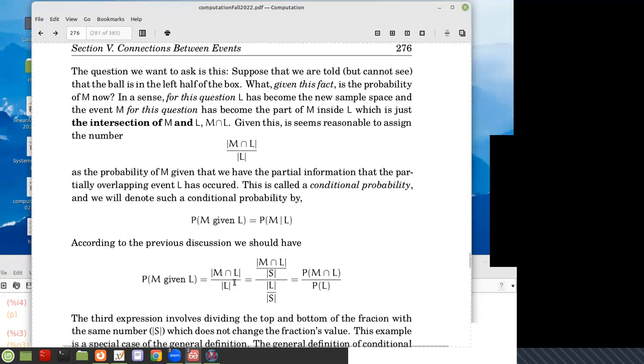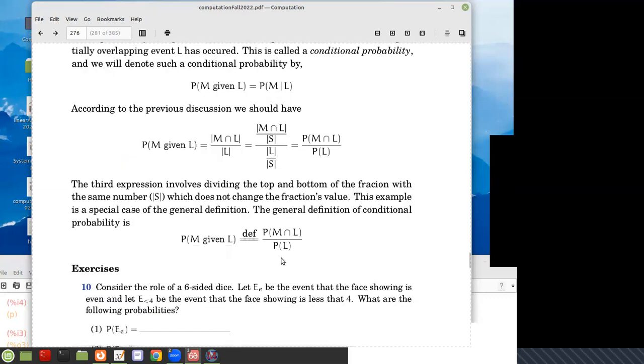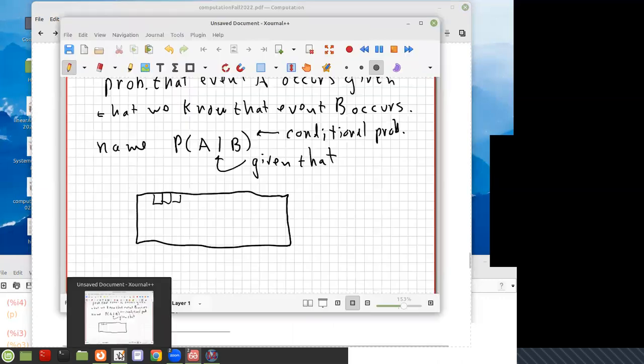Now, I can put this definition in a more universal, more useful form by dividing both numerator and denominator by the same number. That doesn't change the value. So the top one here is the absolute probability of the intersection, divided by the probability it's on the left. That becomes our definition.